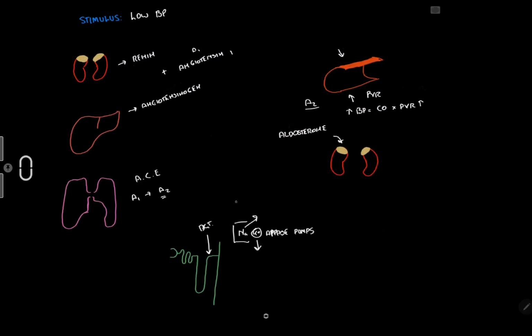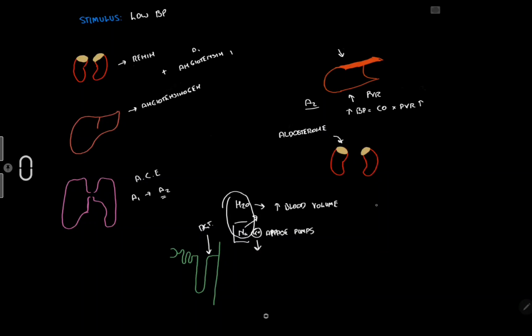Now of course H2O follows sodium. So these two, just through the actions of aldosterone on the distal convoluted tubule, will move filtrate from the nephron and back into systemic circulation. And in doing this, you increase blood volume, or plasma volume.